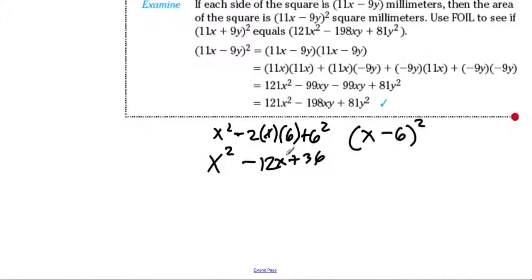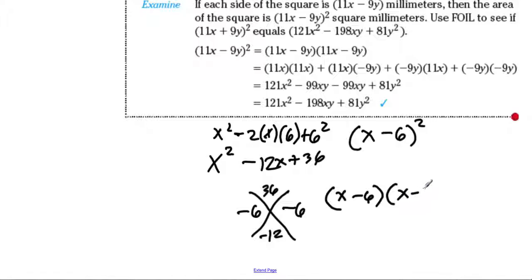Okay, so how can you use the power of x, or the x method, for this one? So again, this is 36, and this is negative 12. The factors of 36 which will give you a sum of negative 12 will be negative 6 and negative 6. And since the coefficient is 1, we simply write x minus 6 times x minus 6.